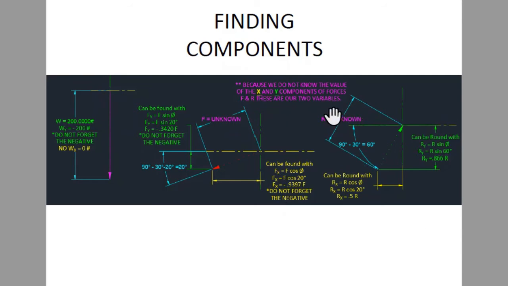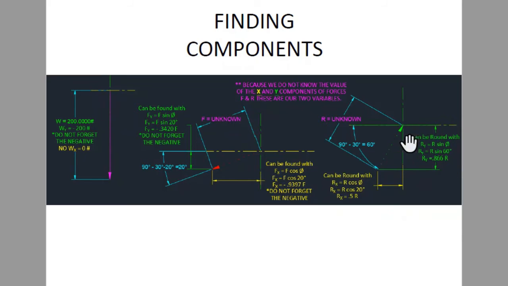Let's move on to looking at force R. To begin, the theta we will be working with will be 90 minus 30, which is 60 degrees. We can find Rx by using the function Rx is equal to R times the cosine of theta, or R times the cosine of 60 degrees. We find that Rx is equal to 0.5 R. We'll leave this portion as a function.